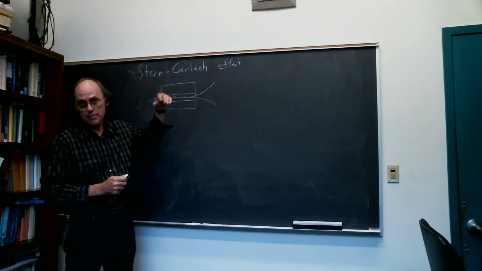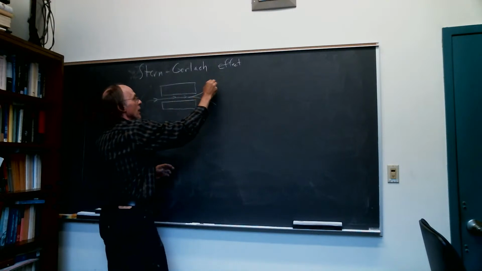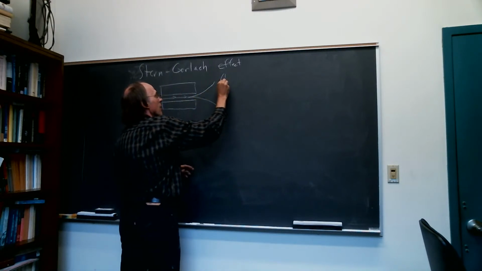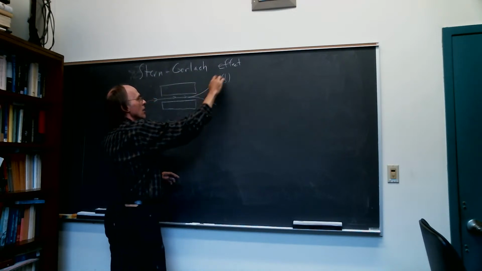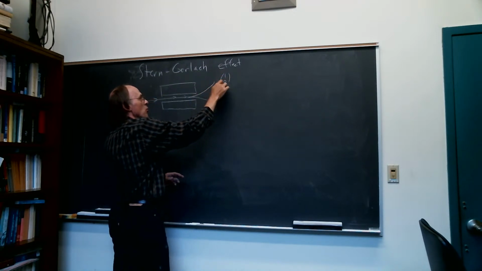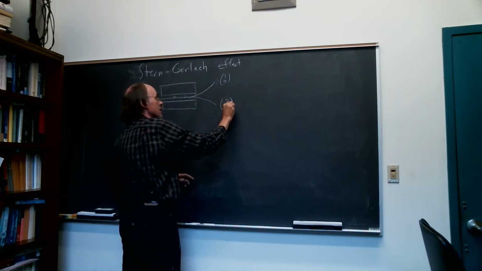It's actually going to change the spatial degree of freedom. So if you get the geometry right, things that are proportional to this are going to go this way, and things that are proportional to this are going to go this way.